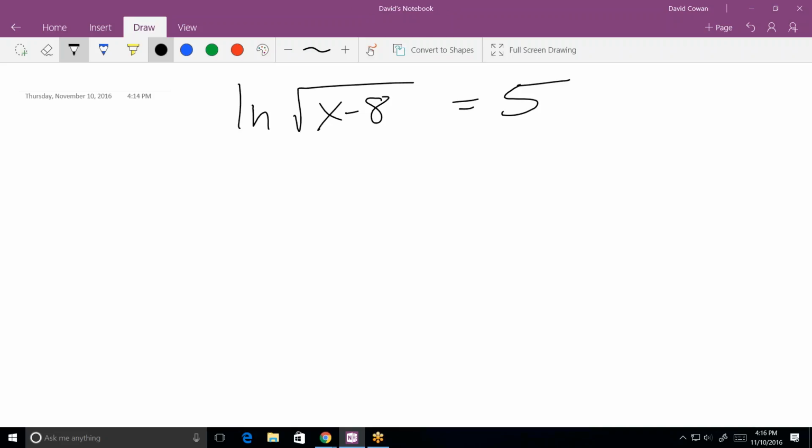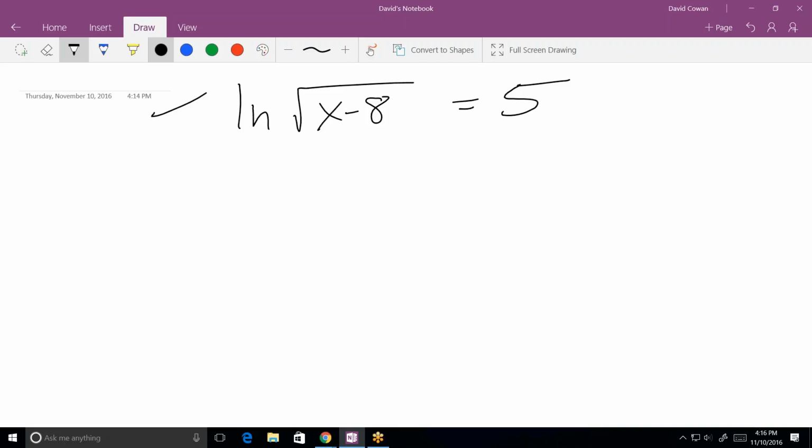In other words, what's the exponential equivalent of that? This is almost the most important part of logs, being able to convert between logarithmic and exponential and vice versa.